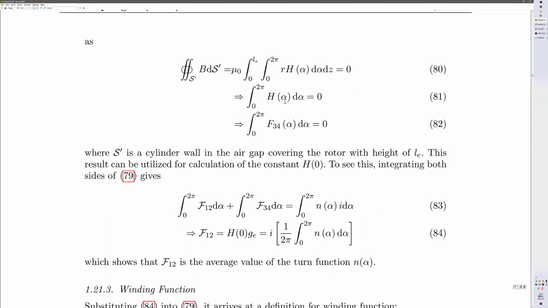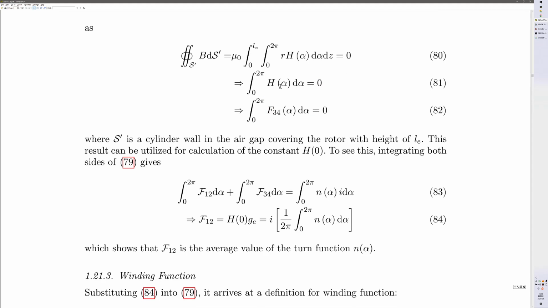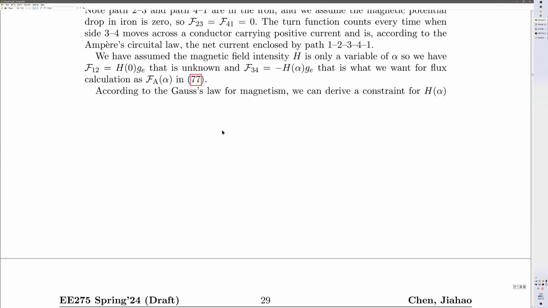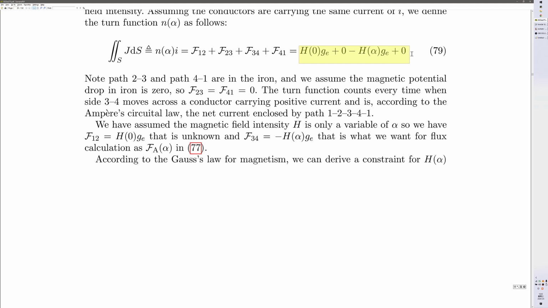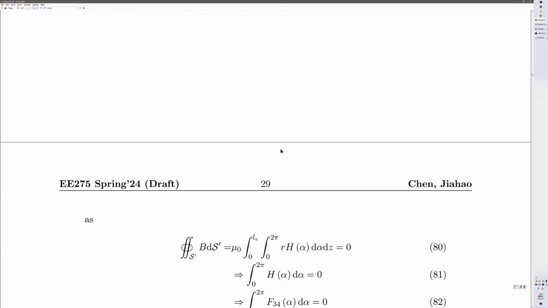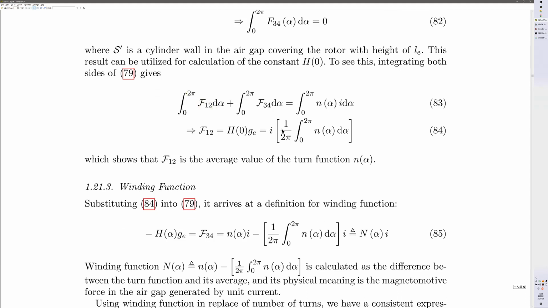So basically, this gives us a result on a constant here that F34, if we integrate it over 0 to 2 pi, it's equal to 0. So that's why we can integrate equation 79 here. So this one, we are going to integrate from 0 to 2 pi, and this term will be 0, and then we can derive an expression for H0. And yeah, that's it. That's how we did it.